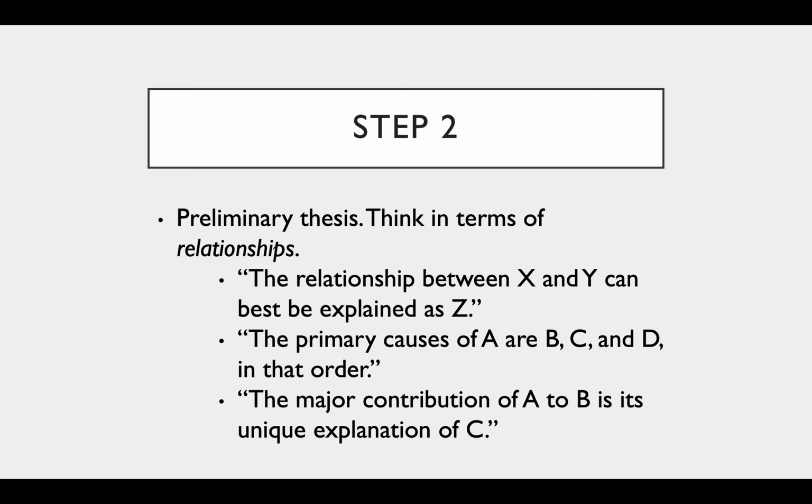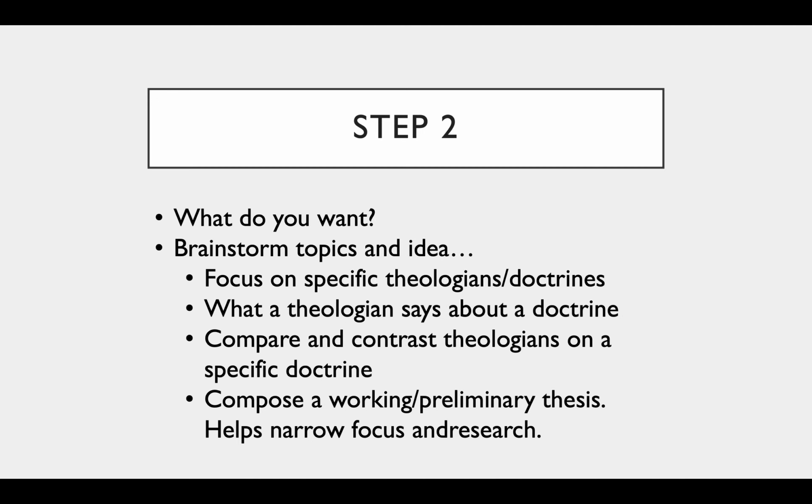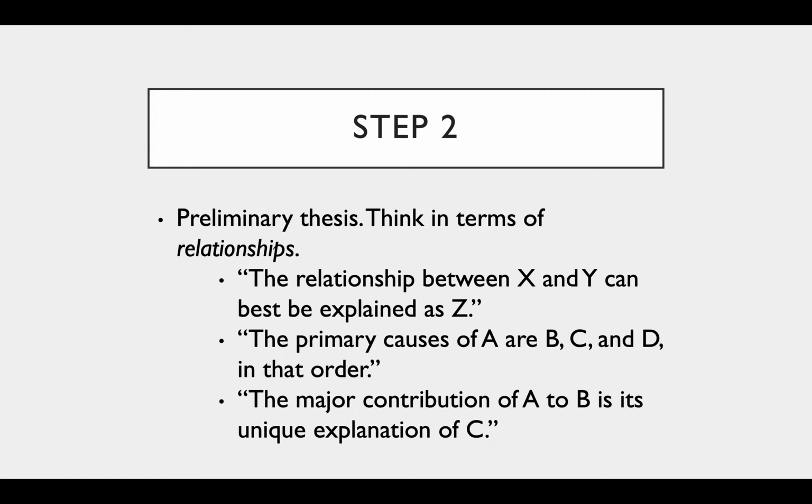So, after thinking broadly about themes and topics, you want to come up with a preliminary thesis, an initial thesis. This is not the final thesis, but an initial thesis to get you started on your research. And a helpful way to think is in terms of relationships. This was on the worksheet that I required you to read.